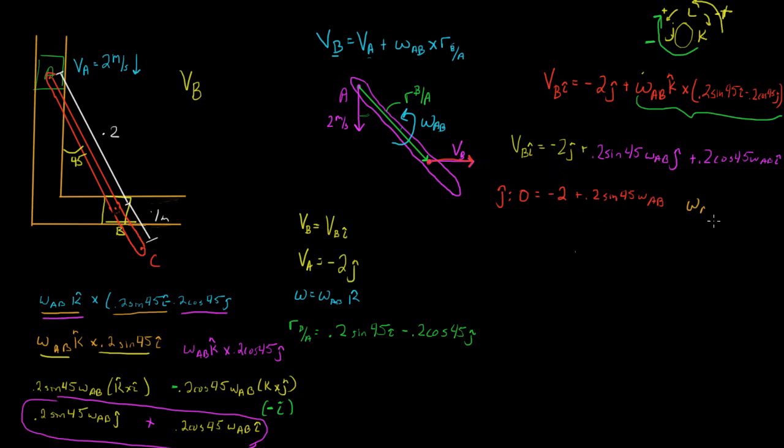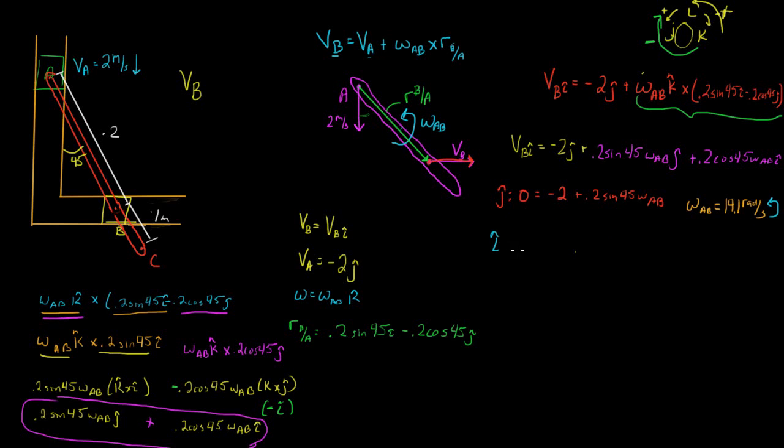And our angular velocity of this bar AB is going to be equal to 14.1 radians per second. Now, it turns out our assumption was right because this is a positive 14.1, so it's moving in the counterclockwise direction.